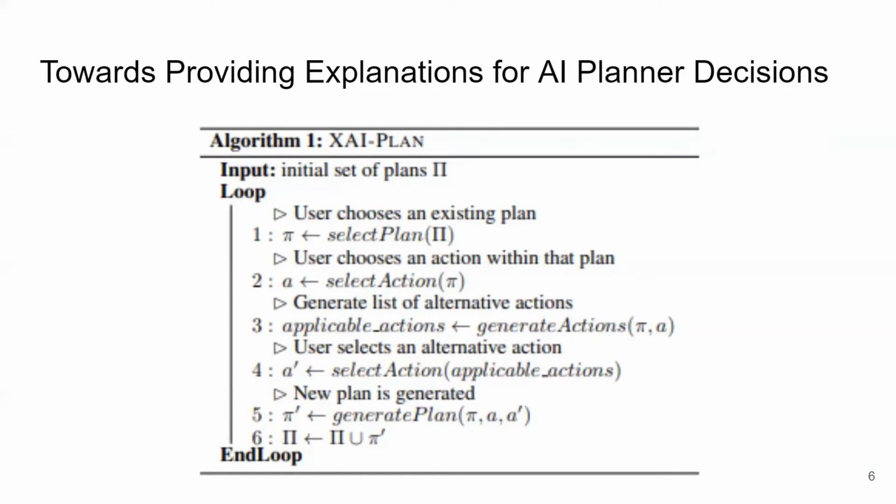The AI planner should be able to generate a list of alternative actions based on the constraint of that state. The user will then select an alternative action, most likely something that the user would have done. Then the AI planner will generate a new plan, and the effects of the user selected action can be reviewed by comparing the new plan with the previous plan.